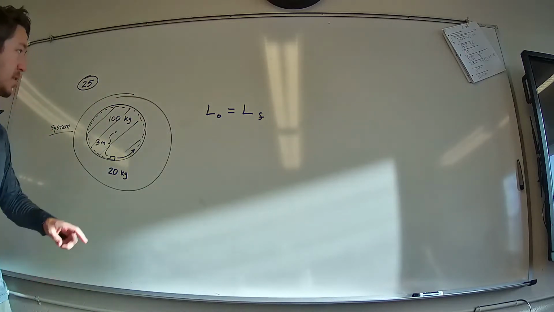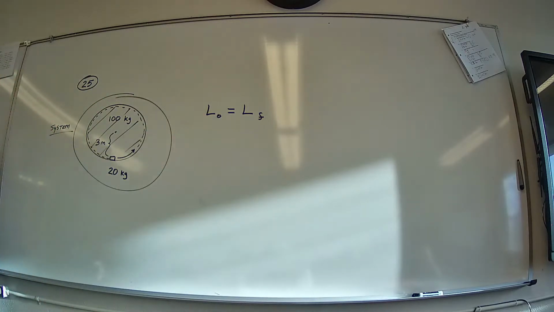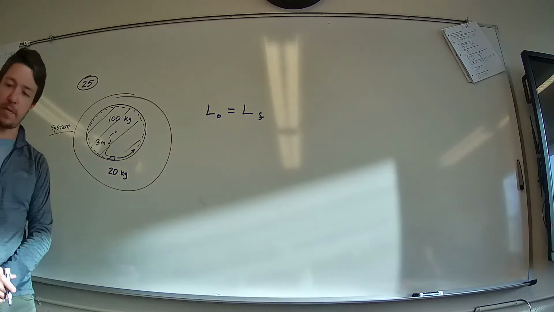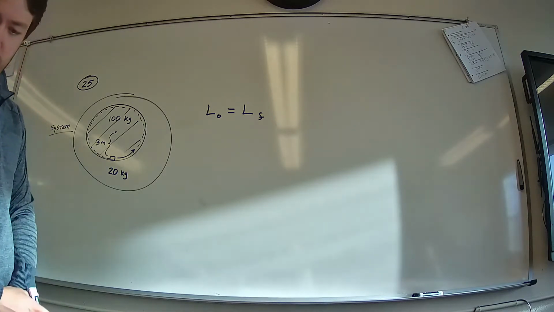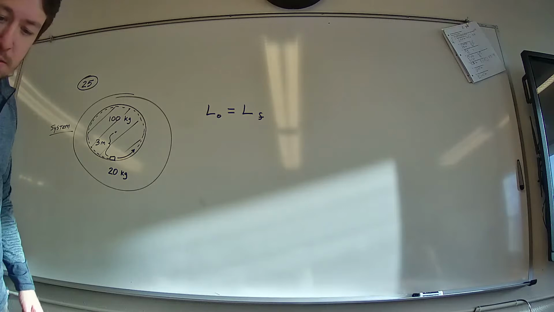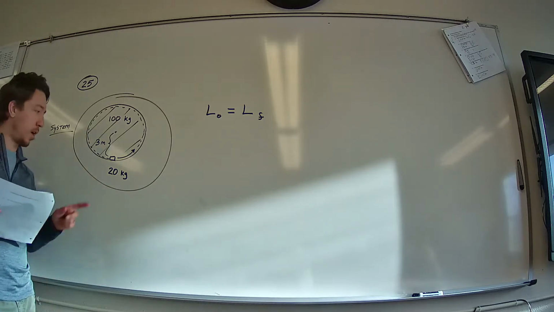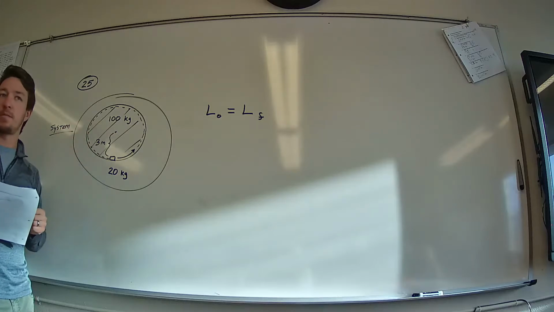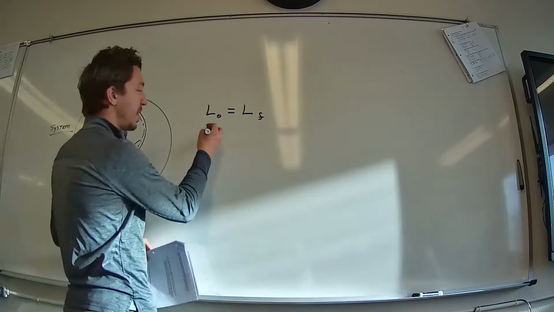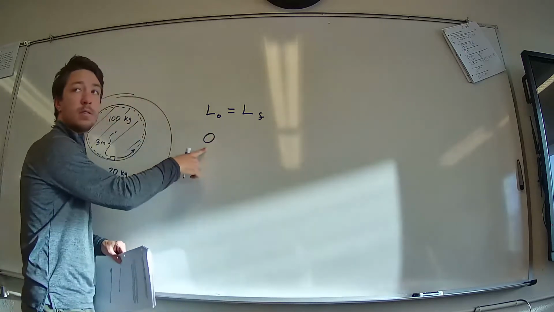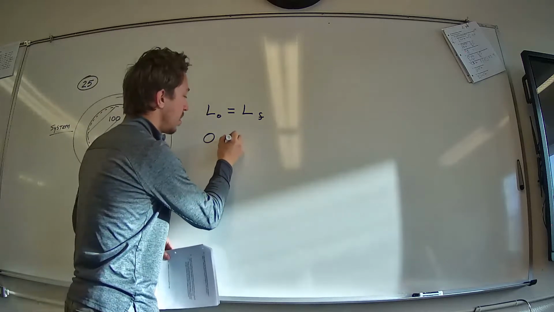What was the initial angular momentum of the system before it started moving? Think simply here. The car is at rest. The disc is at rest. Zero. No momentum, right? Everyone understand that? Okay.